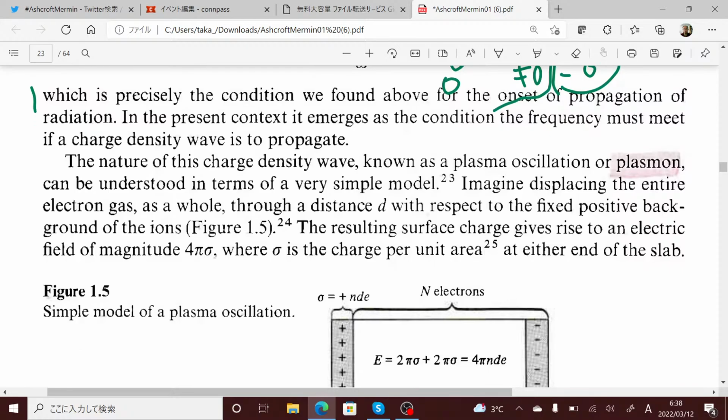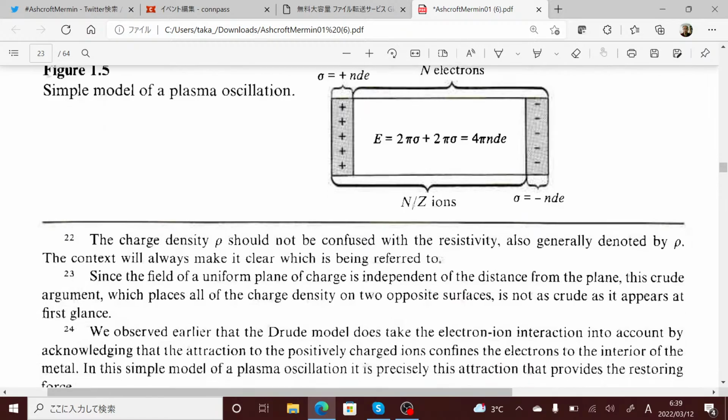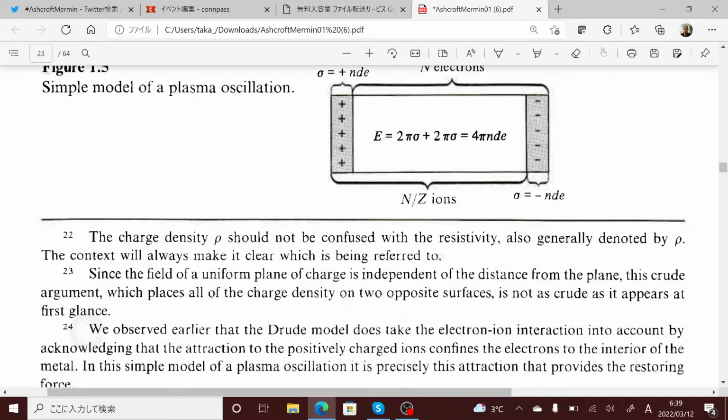The nature of this charge density wave, known as a plasma oscillation or plasmon, can be understood in terms of a very simple model. 23.